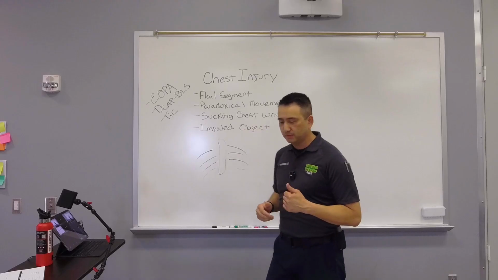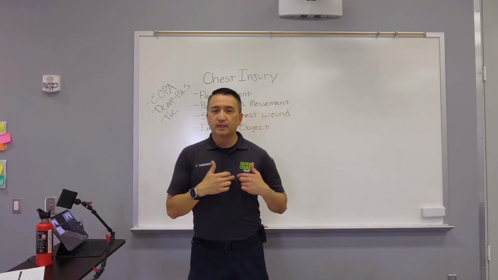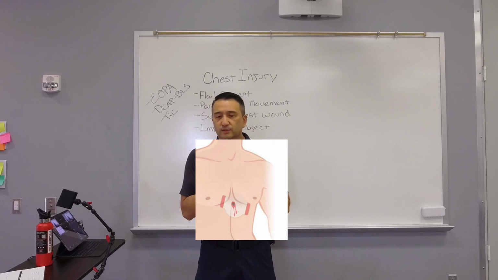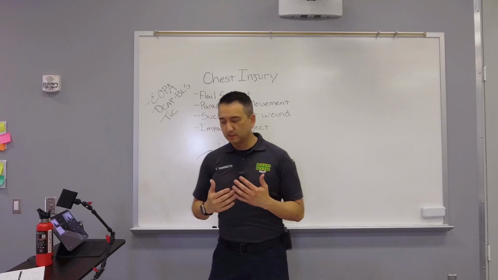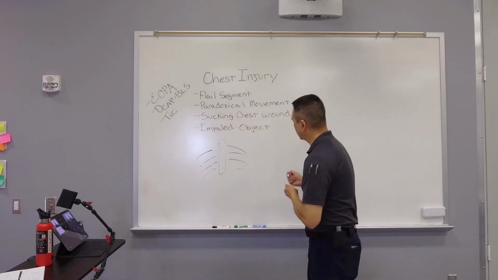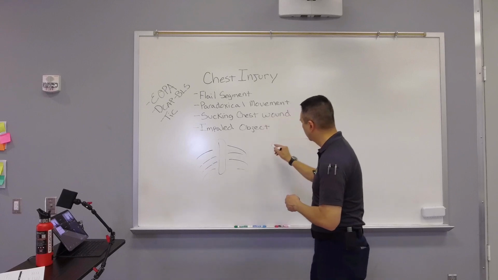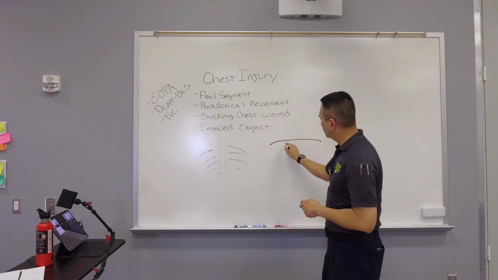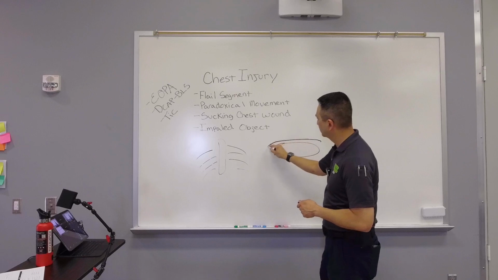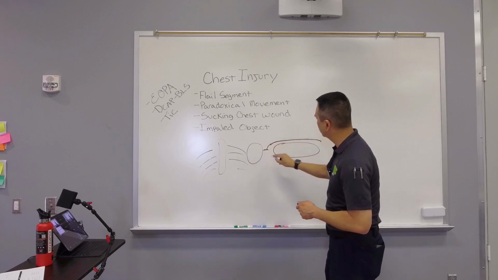Sucking chest wound is going to be a hole in the chest wall that doesn't quite make it all the way through, or it may, and it's leaking air into that pleural space. And we'll kind of explain that when we get to that portion of it right here. So you have the chest wall, you have the lungs right here, and this is the person's head laying down right there, okay?